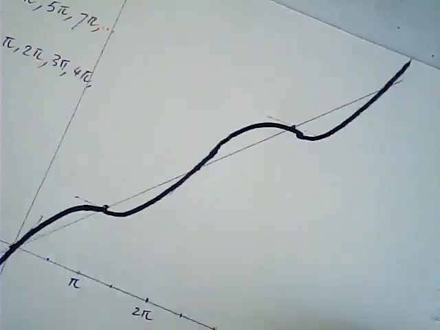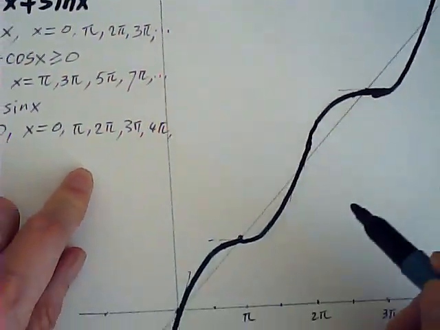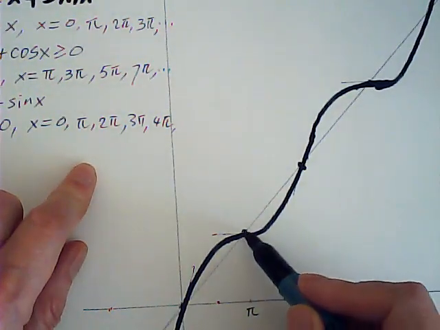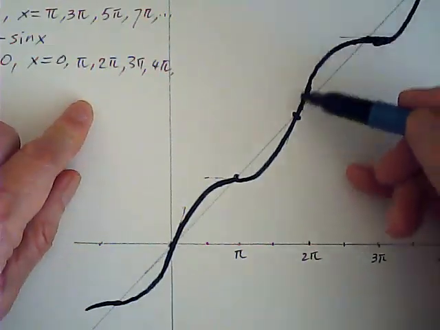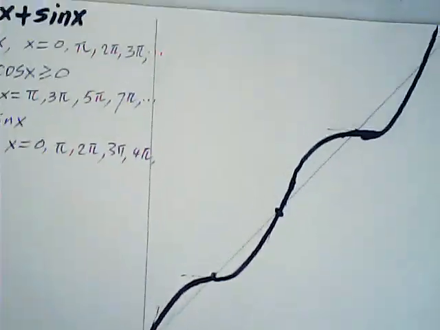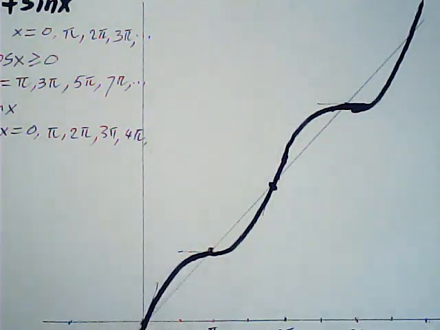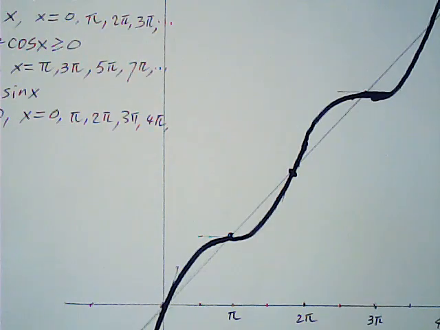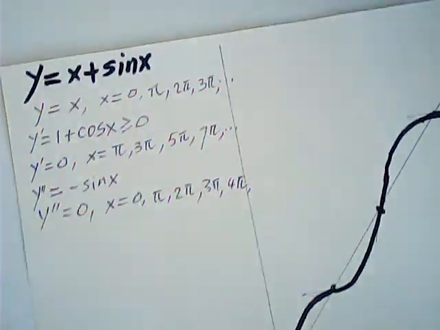Okay, that is the sine curve. This horizontal point of inflection, horizontal tangent line, slope of tangent is 2. Not decreasing, always increasing, the slope of tangent is 0. So that is the curve of y equal to x plus sine x.